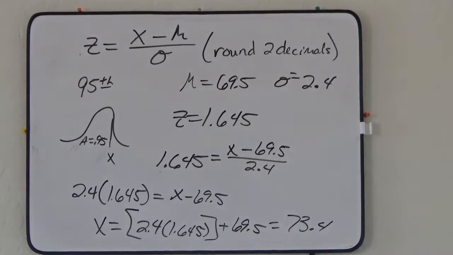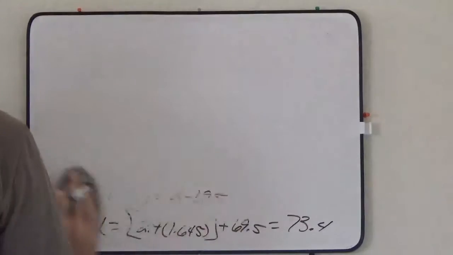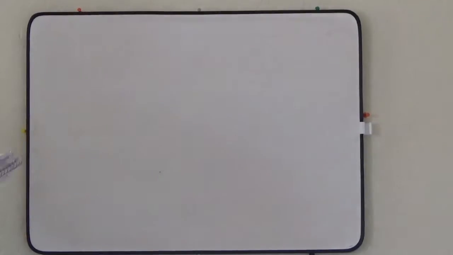Alright. I'm going to erase this so I have more space. Students are separated into the bottom 30%, middle 40%, and top 30%. A lot of teachers believe that if you separate them according to abilities, then they learn better. And so they're going to be separated into the bottom 30, middle 40, and top 30.